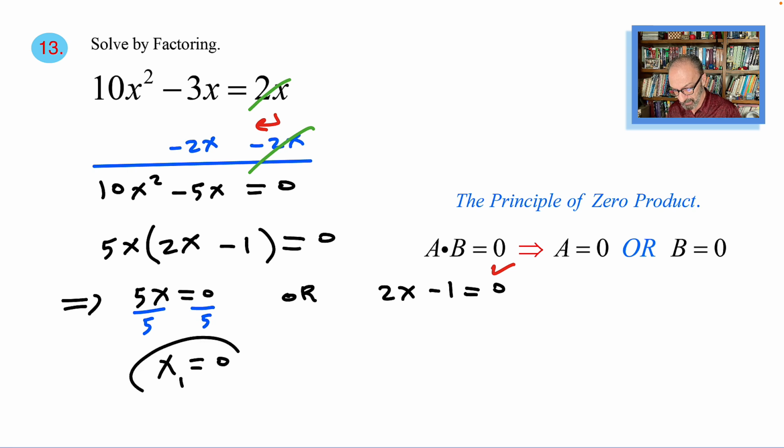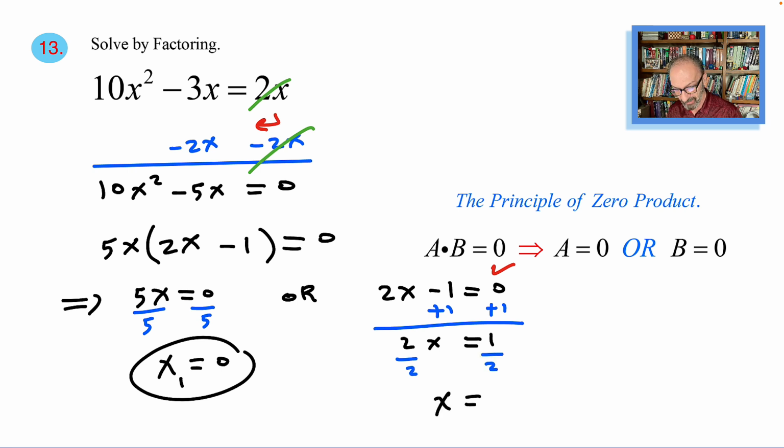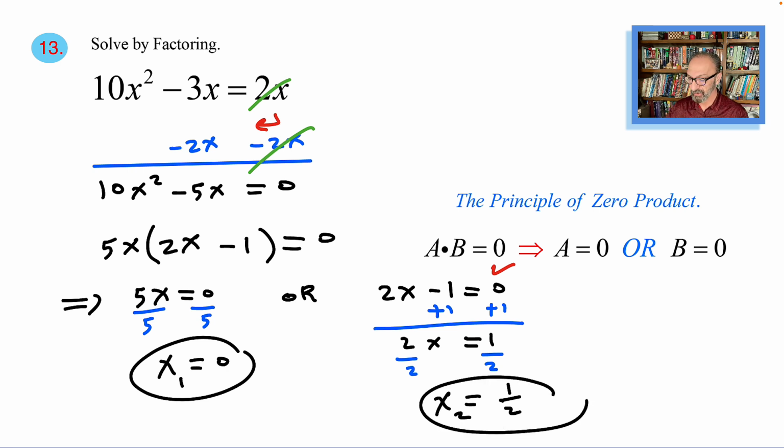For the first one, divide by 5, or use mental math. I will have x equals 0. Let's call it x1. For the second one, let's add 1. Now I have 2x equals 1. Divide by 2. I have x equals 1/2. Let's call it x2. That should do it for number 13.